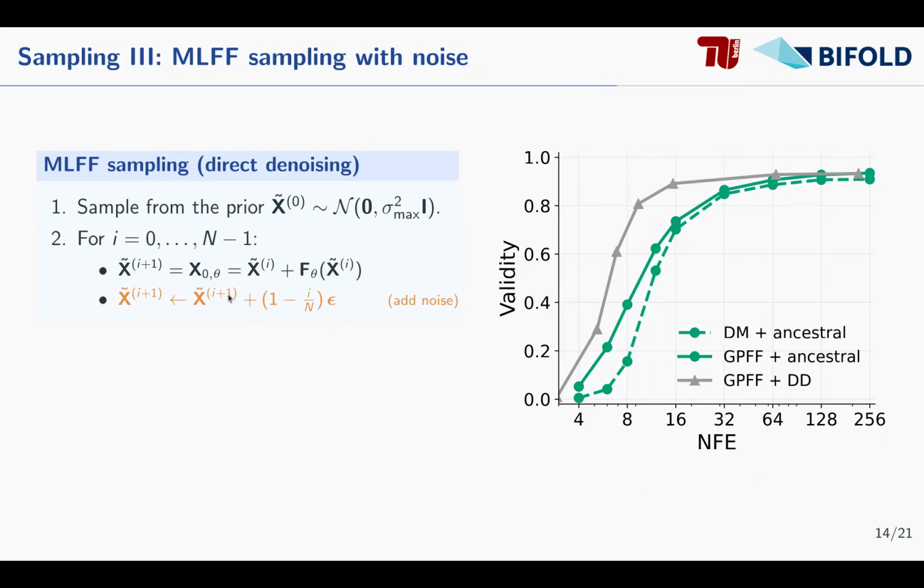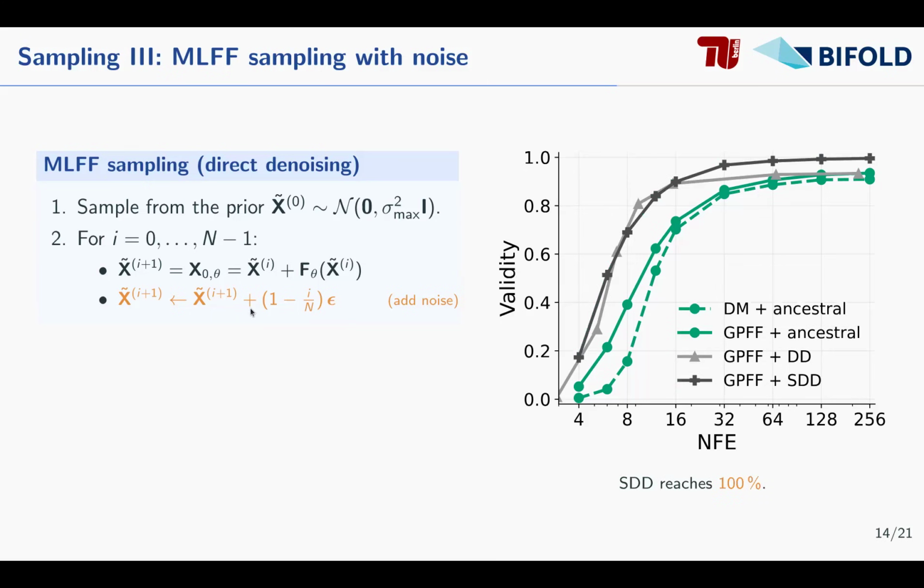So if we converge towards the maximum number of steps, we don't add any more noise. And then at the beginning, we add more noise. And if we now look at the results, we can see that especially for the higher number of function evaluations, we get a much better performance, reaching 100% of valid molecules at about 256 function evaluations.